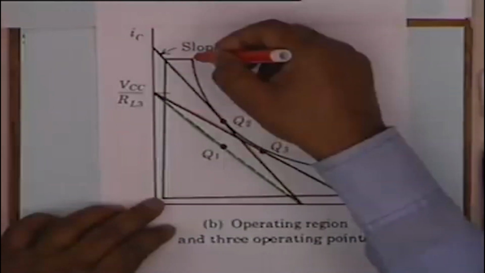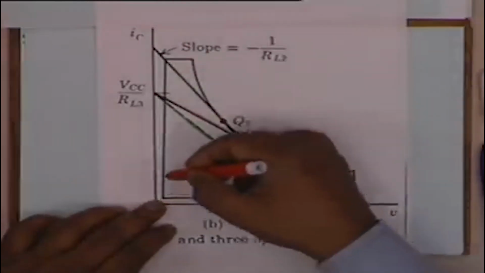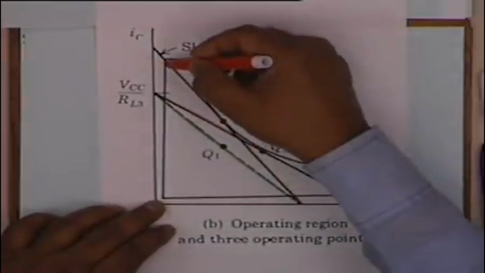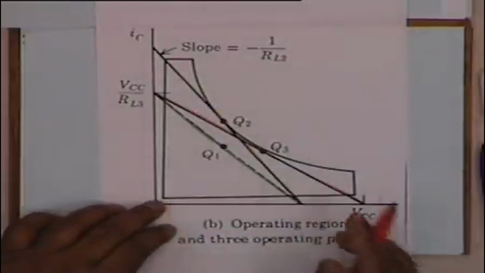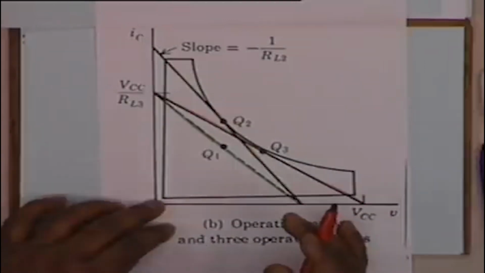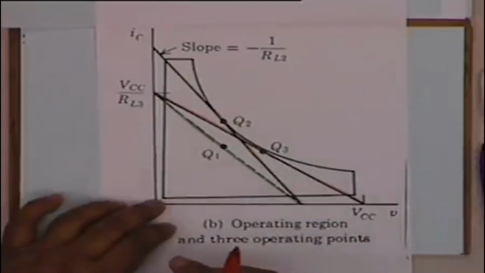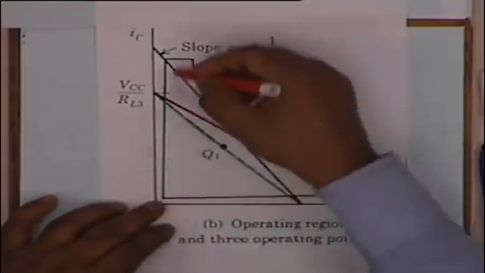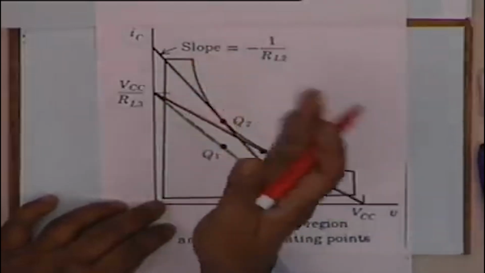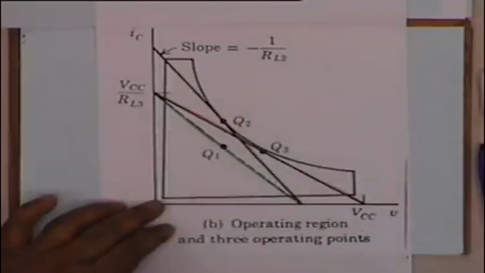Who sets this vertical? Maximum current. And who sets this? Saturation region. You notice that this is slightly tilted. Why? Because the collector current changes with VCE slightly. This is also slightly tilted, because the saturation region is also slightly tilted.